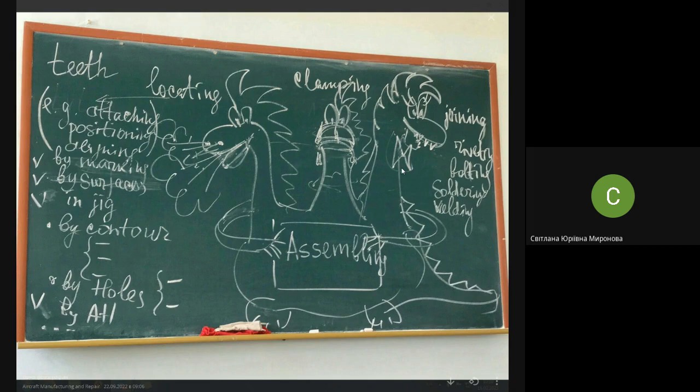Visible? Yes. Joining is the worst thing in assembling, because joining creates a lot of problems in real life, and it's joining which takes around 75% of the labor input of assembling.